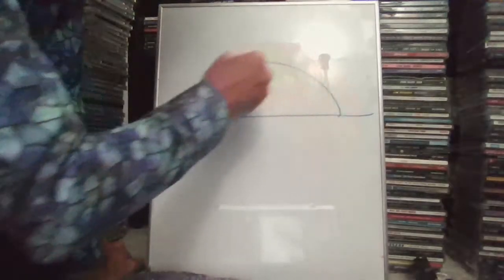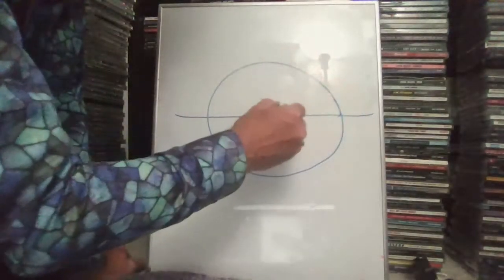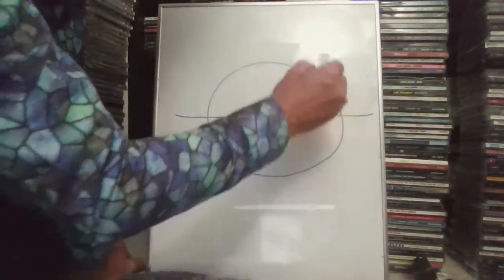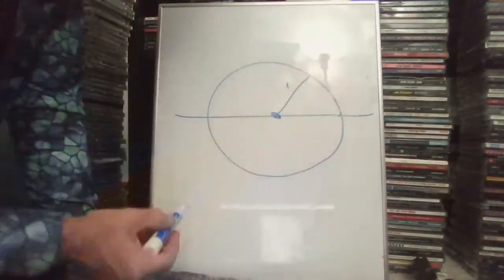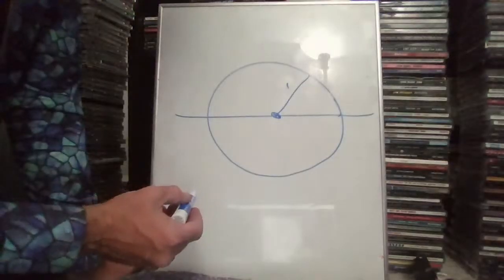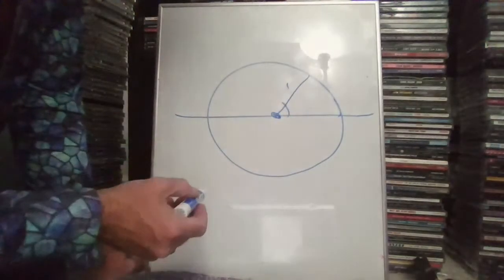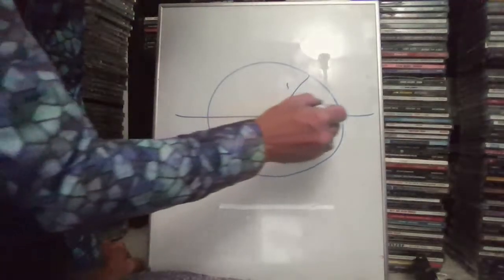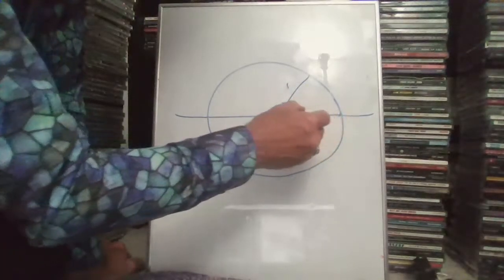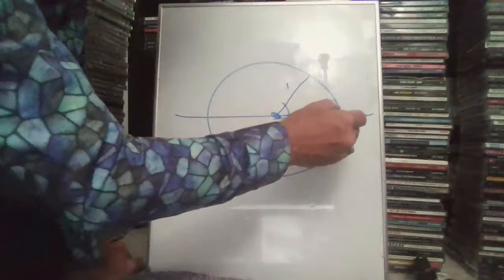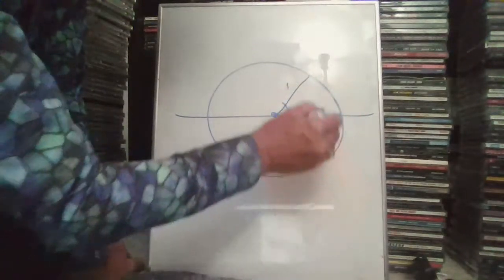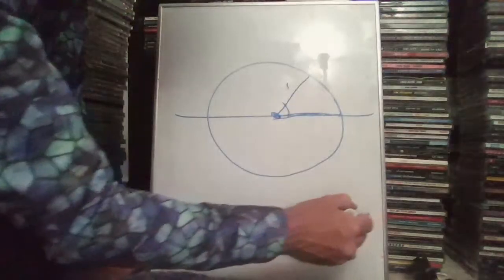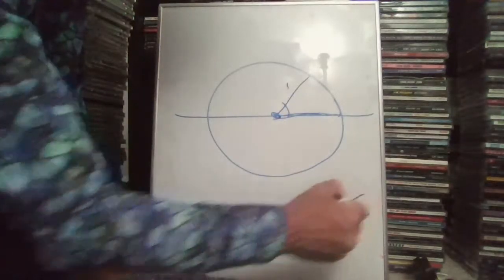Well, if you have a circle, make it a unit circle. Like I just said, radius is 1. If the angle's here, the cosine is the horizontal part. The angle starts at 0, and then the angle goes that way to be positive.